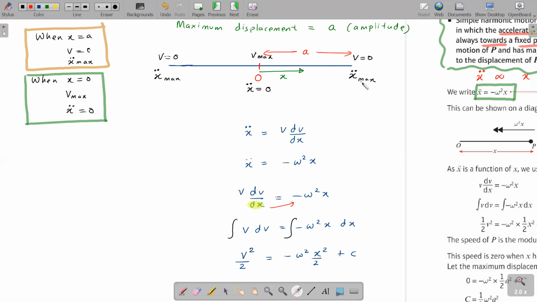And now I have told you over here, the velocity is 0, but the x double dot is the maximum, right? The acceleration, because the acceleration is proportional to the displacement. And remember, your acceleration is directed towards the origin. So when you're moving away from the center, the magnitude of the acceleration, basically the x double dot, is the maximum, means I'm considering the size of the acceleration, the magnitude.